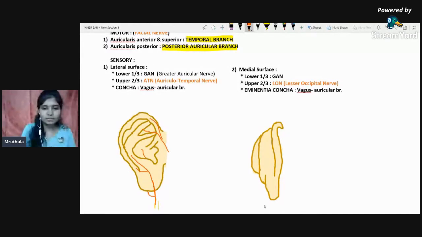And here on the medial aspect also, the greater auricular nerve, as I mentioned before, comes to supply the lower 1/3, and the eminentia concha is supplied by the lesser occipital nerve. On the superior aspect comes the auricular branch of the vagus nerve again, and the lesser occipital nerve on the upper aspect supplies the upper 2/3. So that's about the nerve supply.